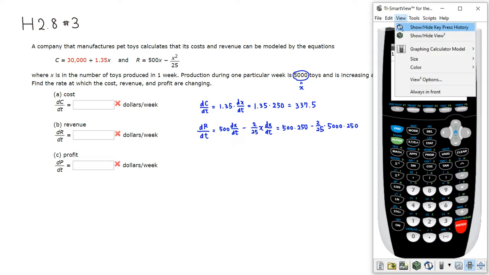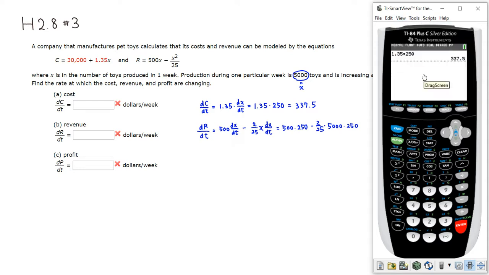I'm going to type in 500. I'm going to pull out the 250 outside, so I'm going to subtract 2 over 5 times 5,000, and then I need to put the parentheses here, and then times 250.